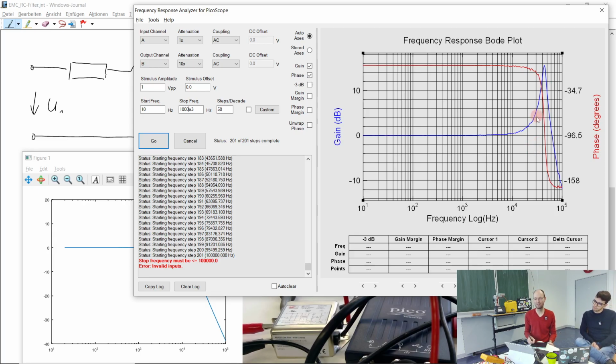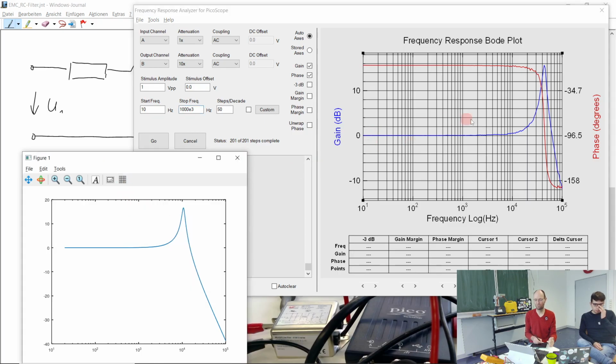Yeah, but that's why these filters are so small, because L and C in there are not super large, and that's why these corner frequencies are rather high. But still quite nice agreement, at least the general behavior for this filter between these two curves measured and simulated.